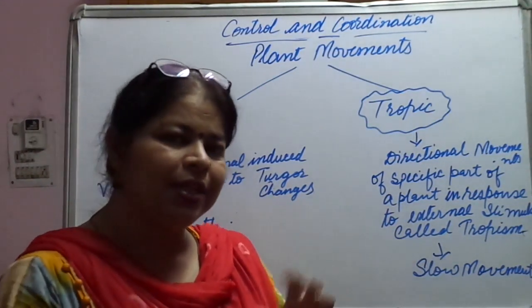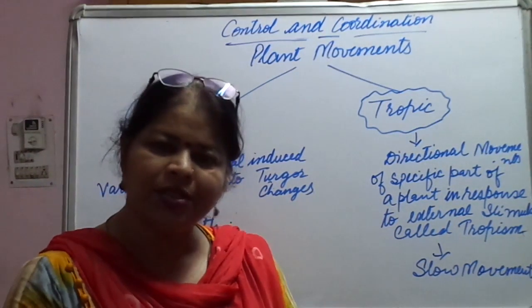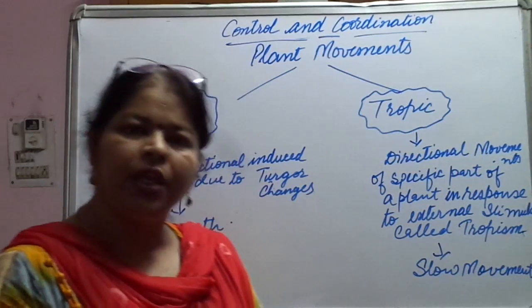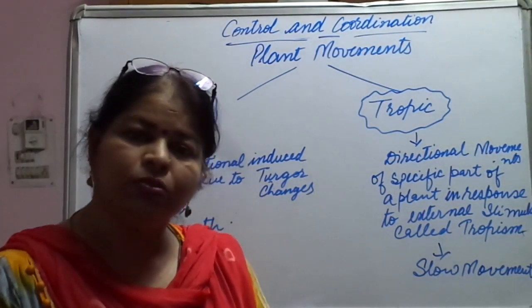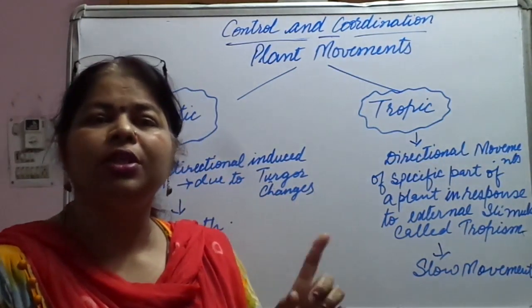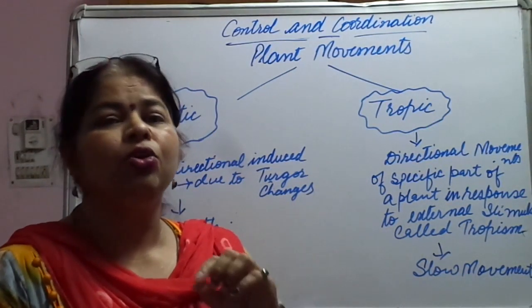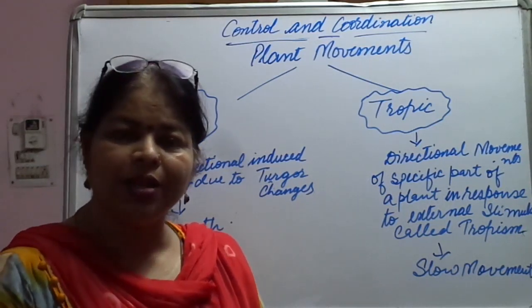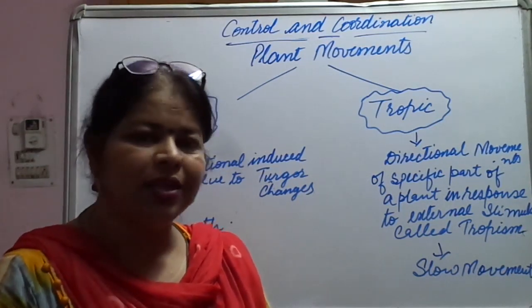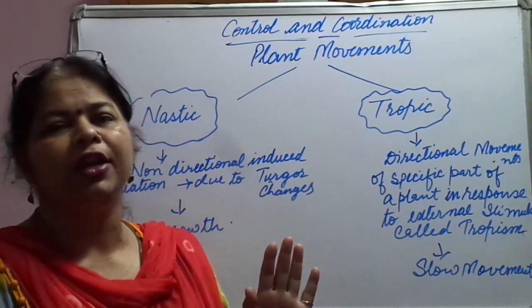So, do you think that there is some growth taking place when you are touching the leaves of the mimosa or the touch me not plant? No, no growth is taking place. So these are growth independent changes. Okay, the movement that is taking place in the touch me not plant is not showing any kind of growth.